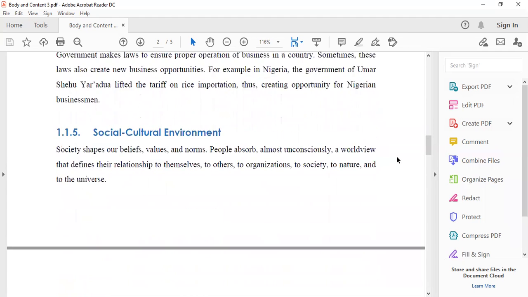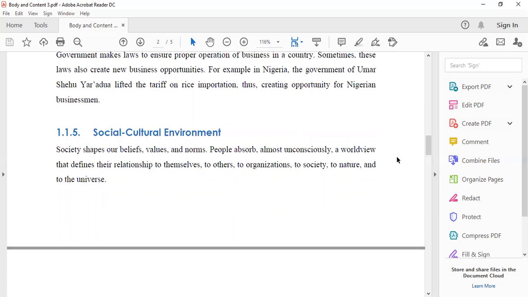We also have the social cultural environment. Man is a social being, and man exists and lives amongst people. And also, there are cultures, there are norms and belief systems that guide their people's lives.